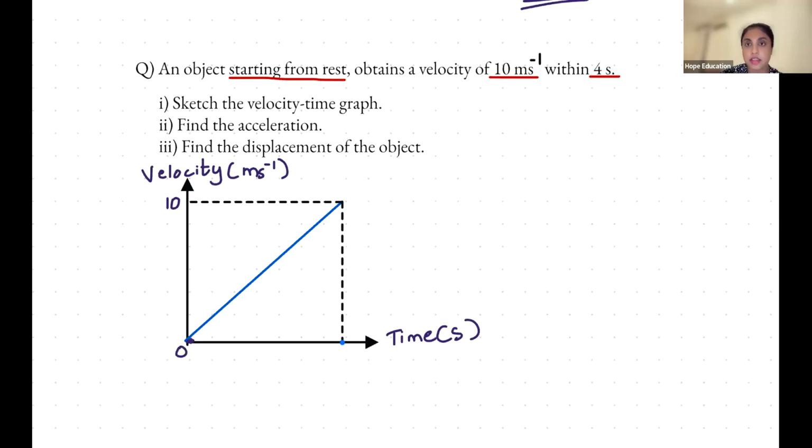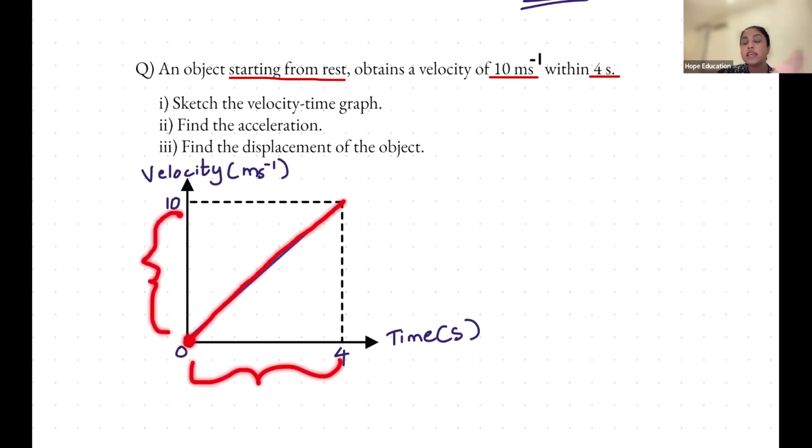As we can see, the object started from rest. So we start from 0, and obtain a velocity of 10 ms^-1 within 4 seconds. This is the sketch that you have to draw.